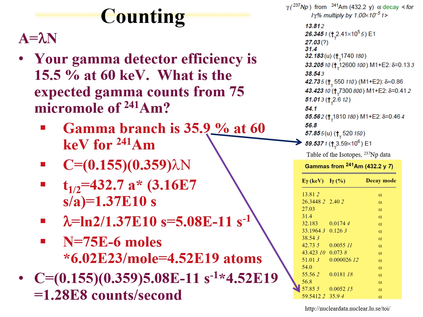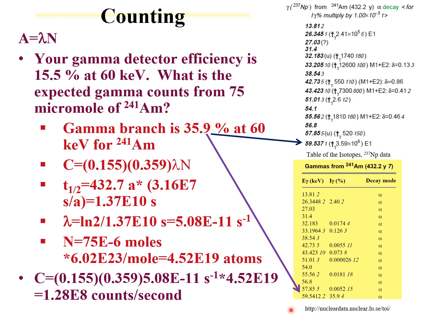The gamma branch at 60 keV, so 59 right over here, I multiply by 1 times 10 to the minus 5. This is 3.56 times 10 to the 6, so it's 35.9% is my gamma branch.